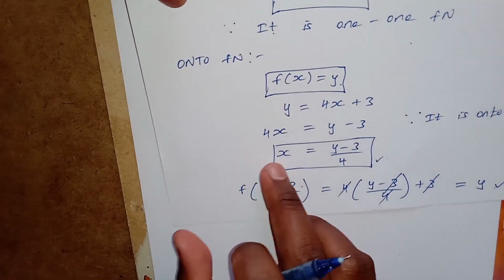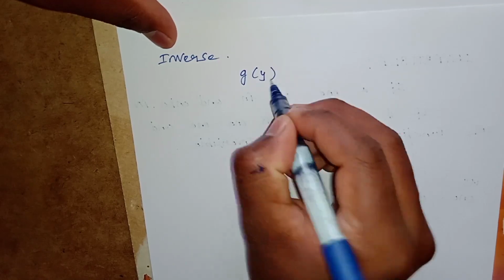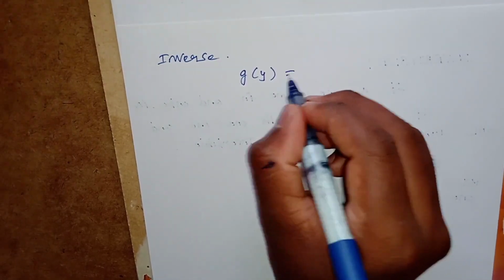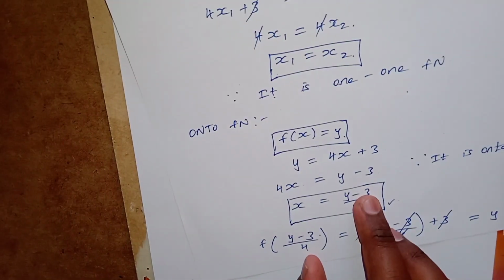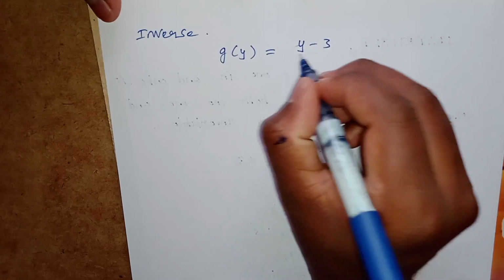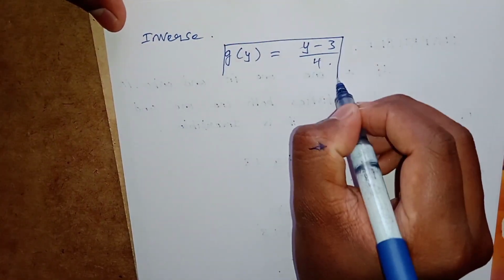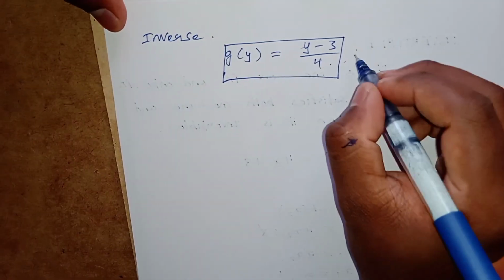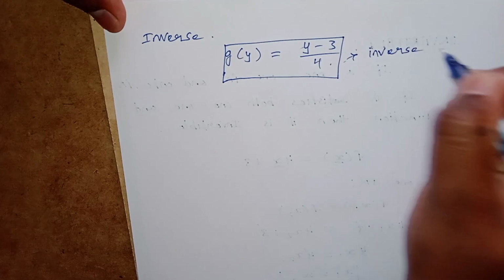Therefore, remove the x and put g of y. g of y equals y minus 3 divided by 4. Here it is my inverse function.